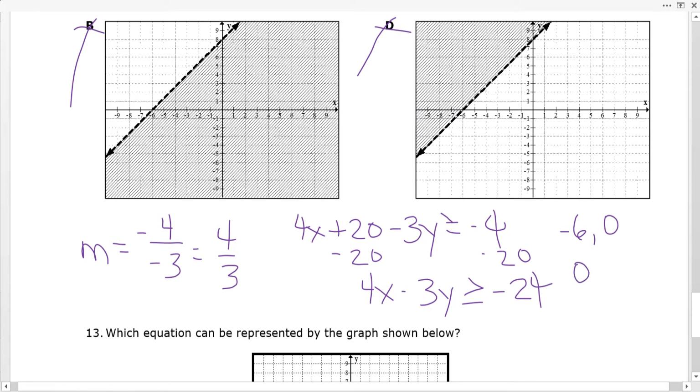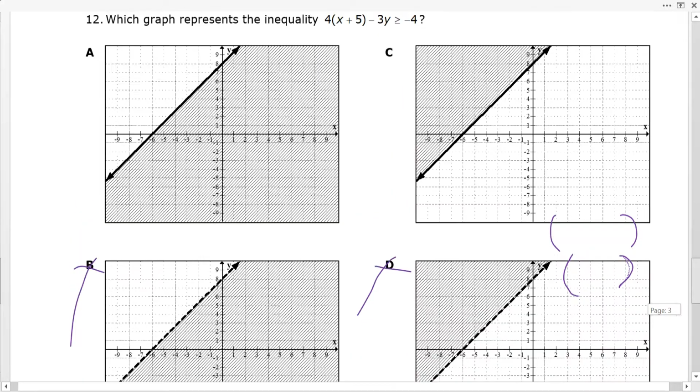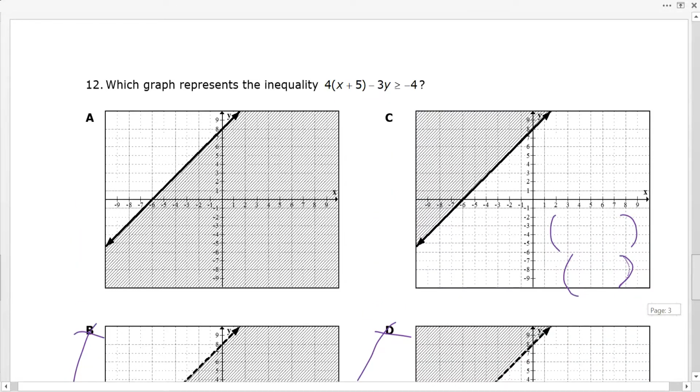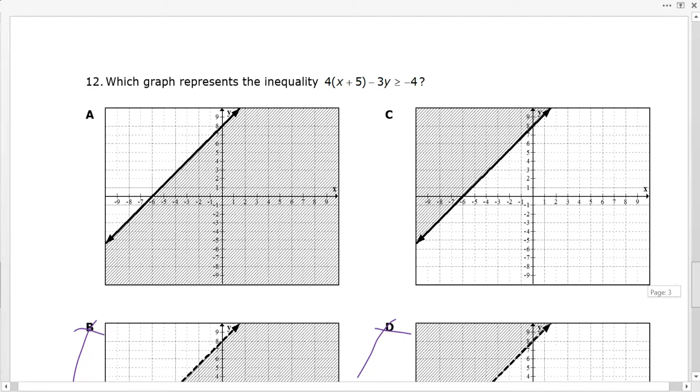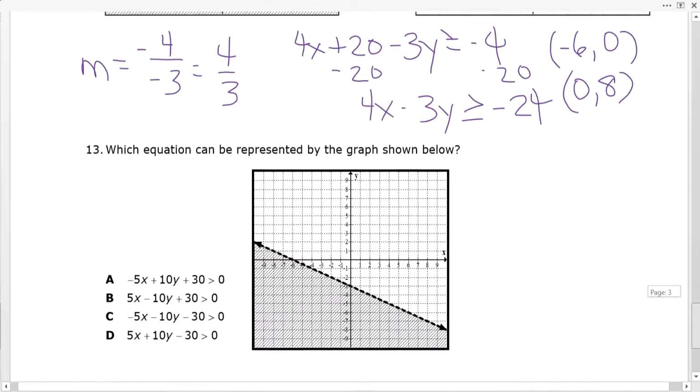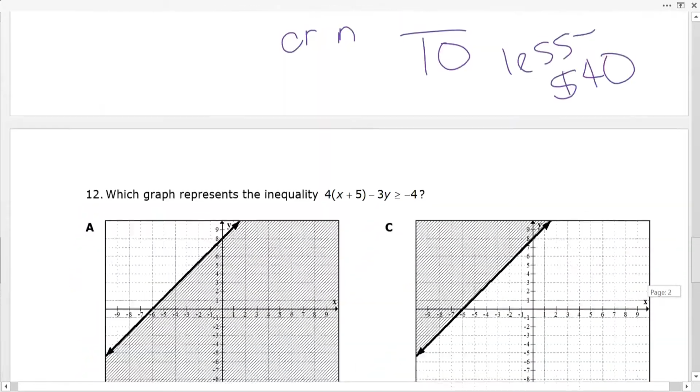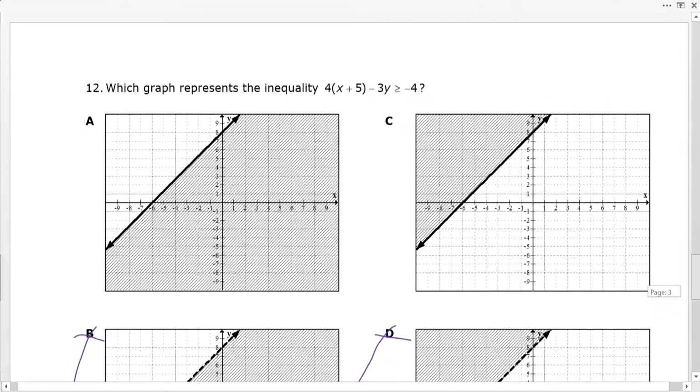If I cover up x, I have a -3 and a -24, so y is going to be +8. So let's see which one has -6 and +8. Looks like they both do. So my y is going to be greater than, so it's going to be C.